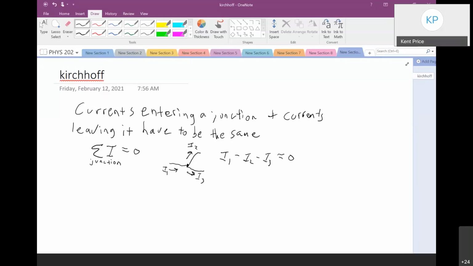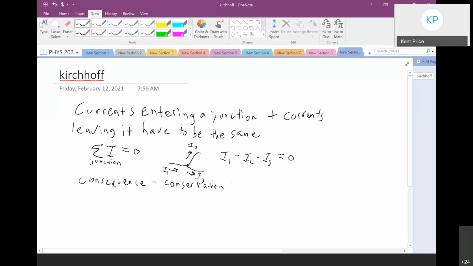That's all this law is saying. If you're thinking of water in a river, you would say the net amount of water is conserved. You don't have more water entering than leaving. In terms of electrical current, this is the result of the conservation of charge, not of water, but of charge.